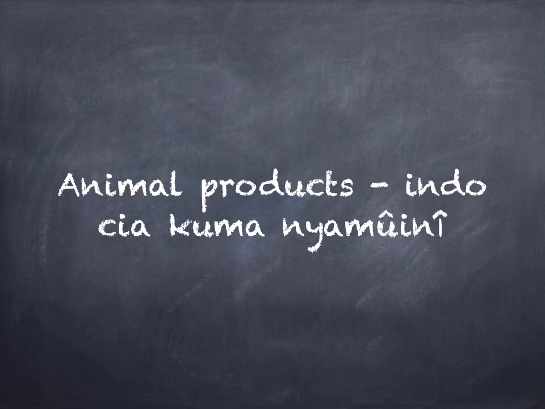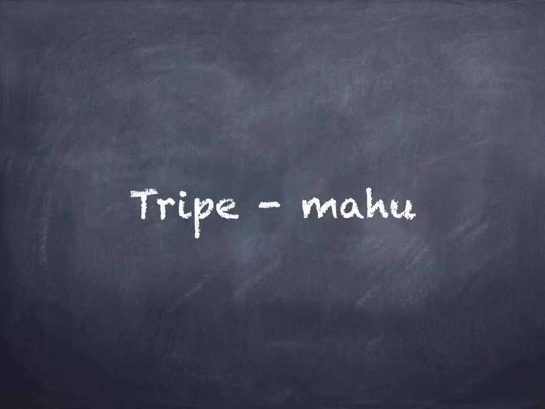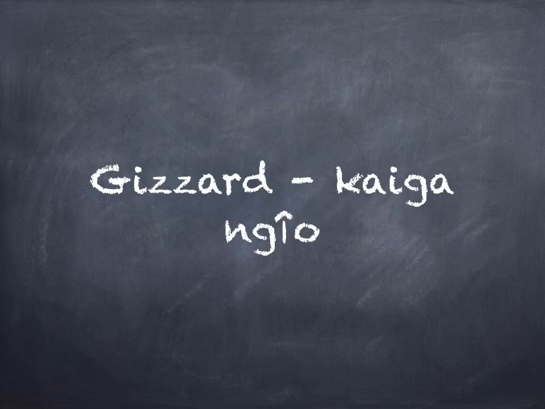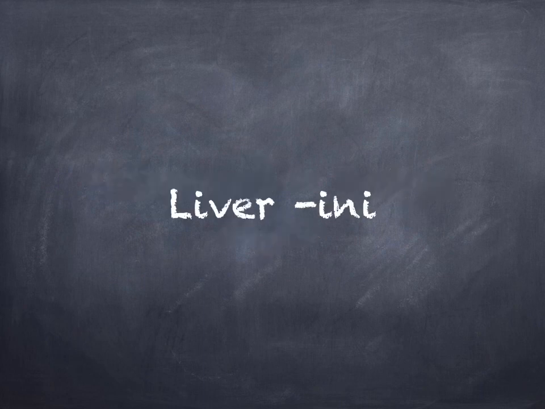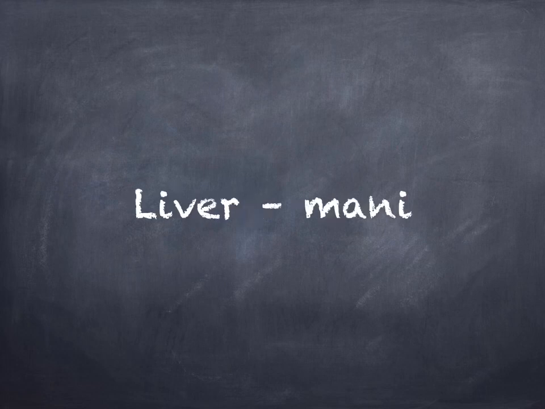And now looking at the animal products, which we are going to call indo cia kuma nyamũ-inĩ. Tripe known as mahu. Gizzard known as kaigagio. Liver known as ini, and money for the plural.